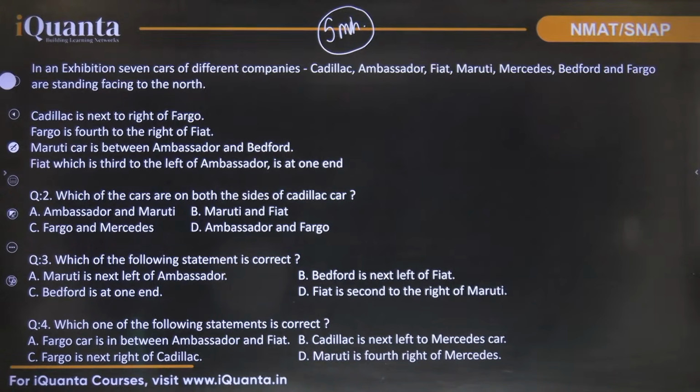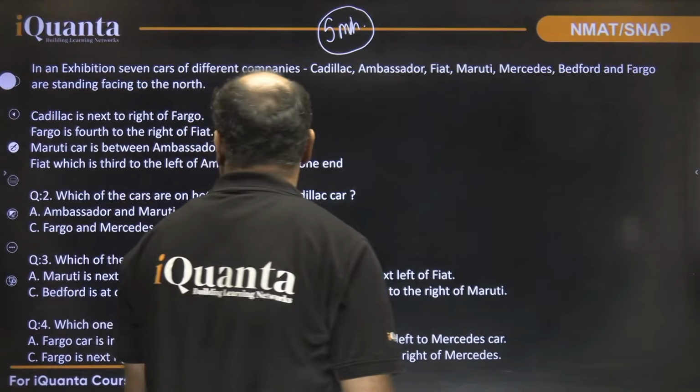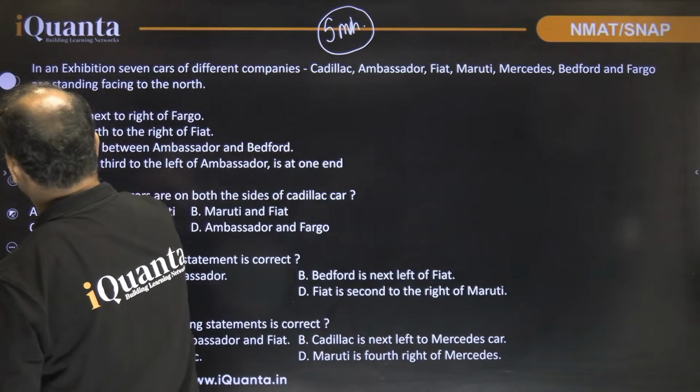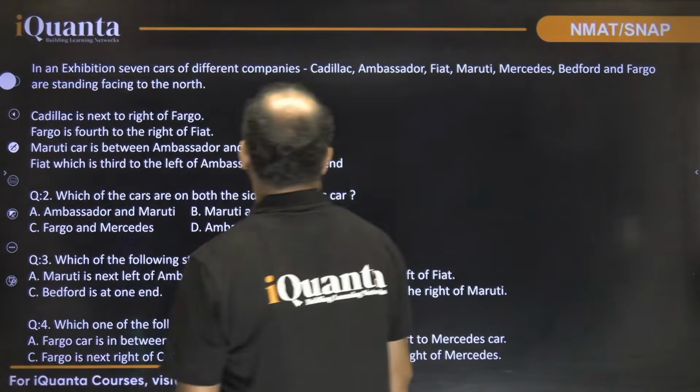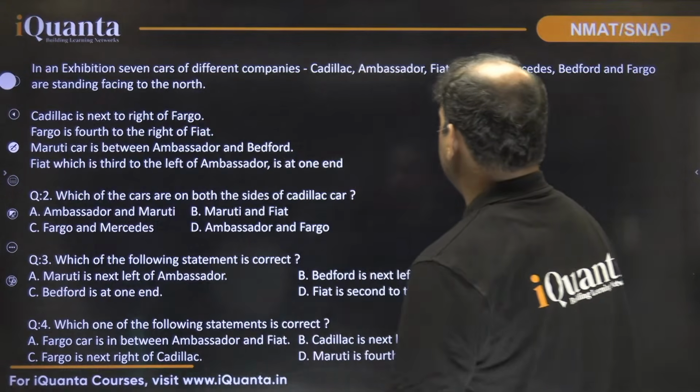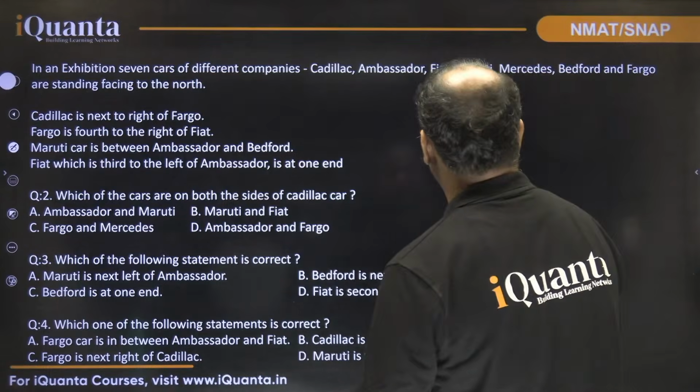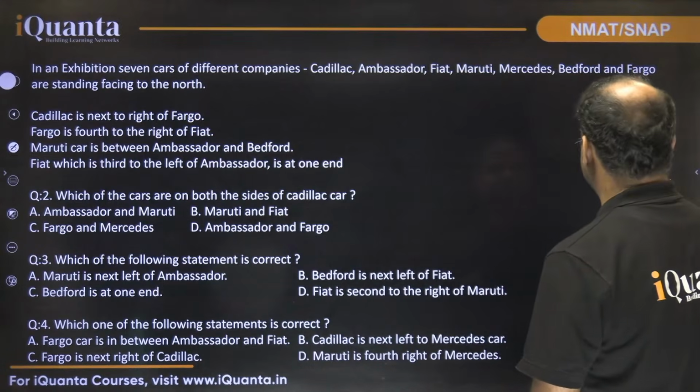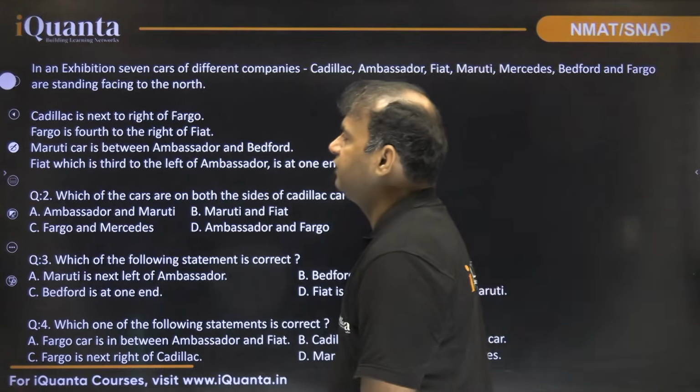Alright guys, maybe I should solve, right? Maybe I should try to explain this now. Okay, let's see what this question is saying. Guys, they are saying that in an exhibition, there are 7 cars of different companies: Cadillac, Ambassador, Fiat, Maruti, Mercedes, Bedford and Fargo, standing facing the north, right?